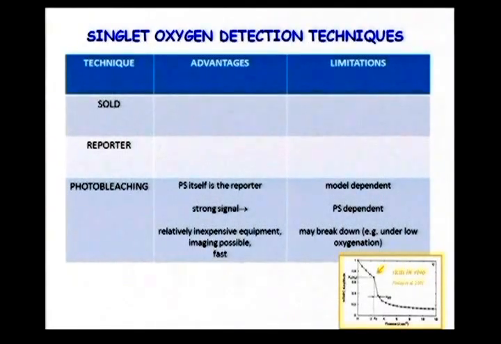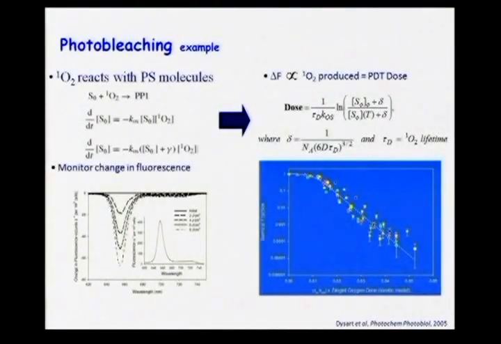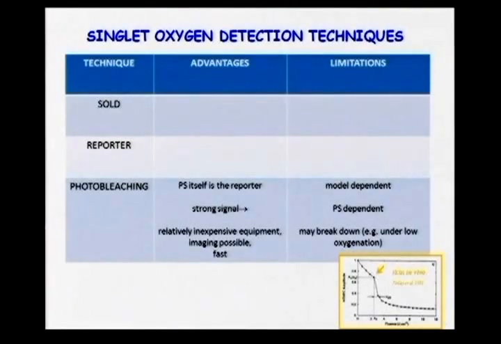So for example, this is a plot of fluorescence, done actually in skin, versus the light dose, and you see that the photobleaching rate in this patient actually suddenly changes. And so that tells you that if we applied this model, it does not describe this behavior.